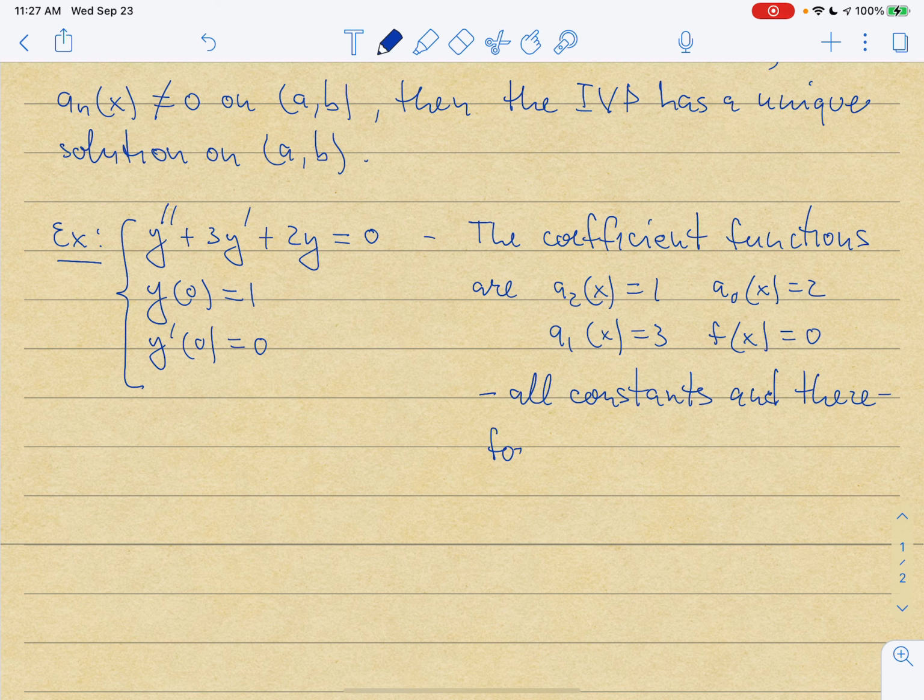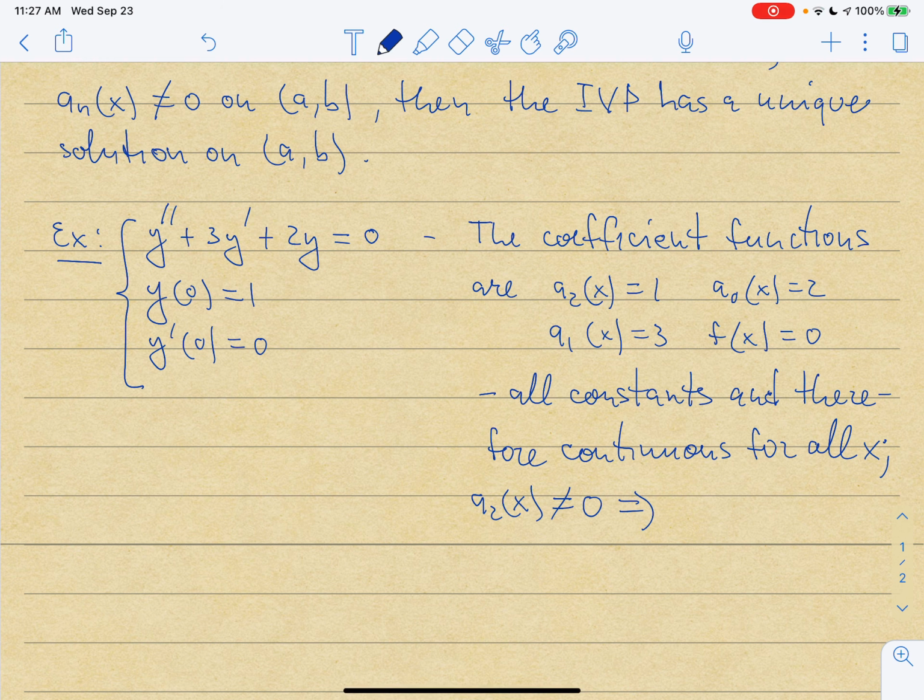In fact, not just continuous, but continuous on the whole real line, for all x. Likewise, a2(x), in this case the leading coefficient, is never equal to 0 because it is equal to 1. And so then, by the previous observation, a unique solution of this IVP exists.